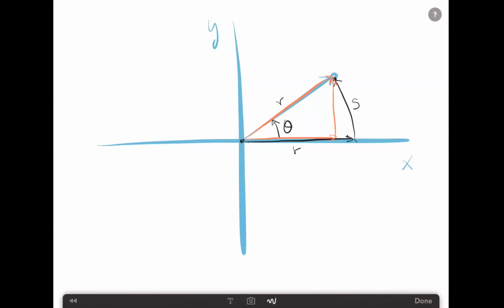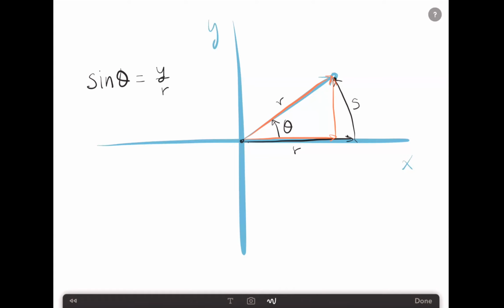So let's go ahead and develop a relationship for the arc length, R, and theta. So let's start off with R. So if I take the sine of theta, that's just going to be the opposite side, which is Y, over R, okay?